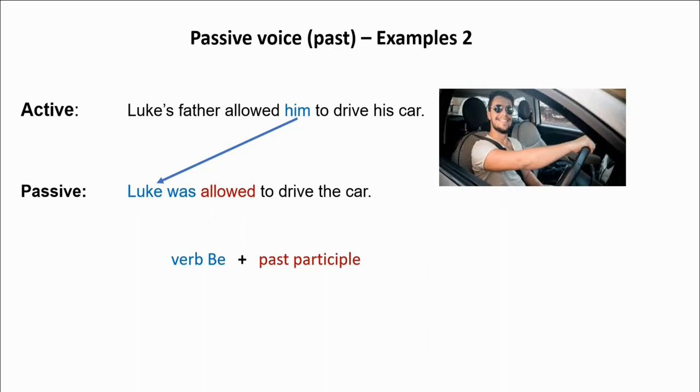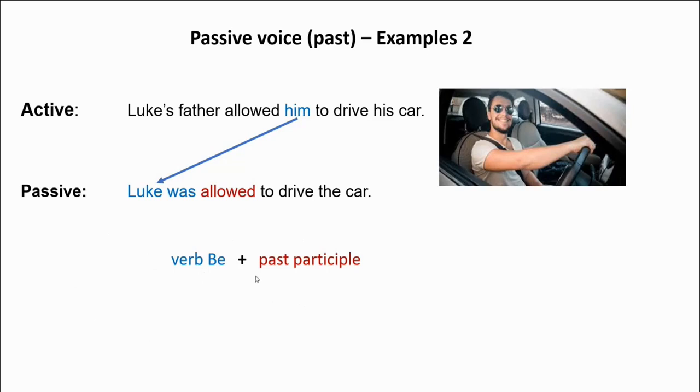It's the past tense here, so we use the past of the verb be in the passive. We use the past of the verb be, and again, we use the past participle. This is the past simple, but this is the past participle because that is the form of the passive voice.